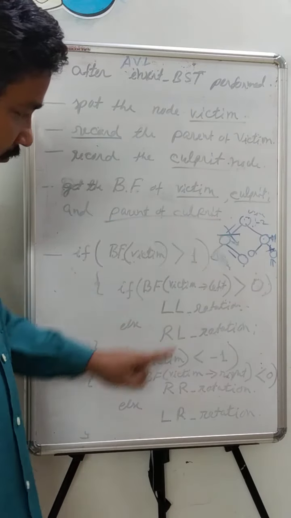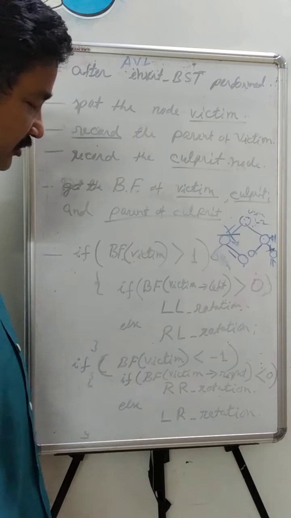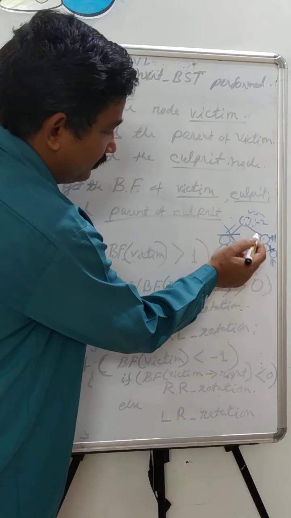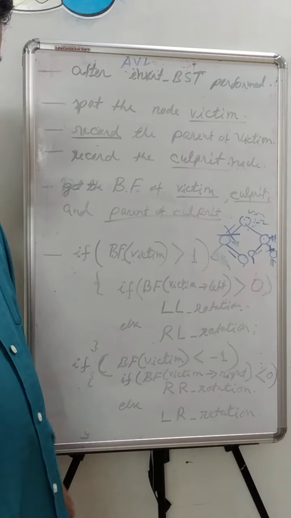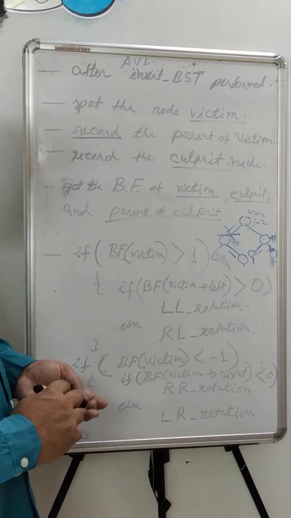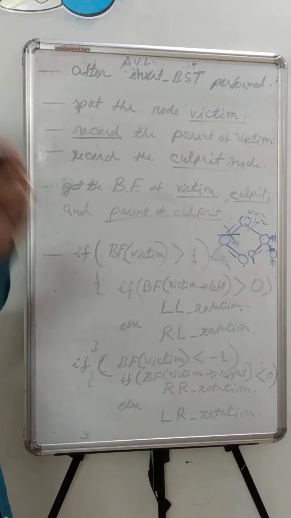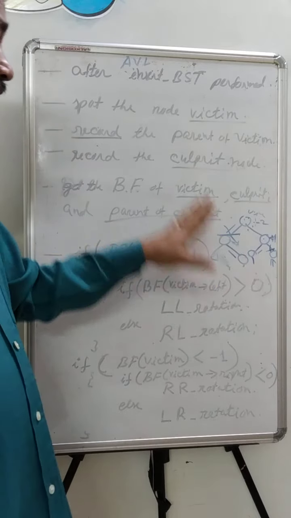So in this situation, it will demand a LR rotation because the imbalance was created by the left side of the right side of the imbalance node. So by these 4 conditions, any one of them will be active, because after insertion of one data, any of these 4 situations will be fulfilled.